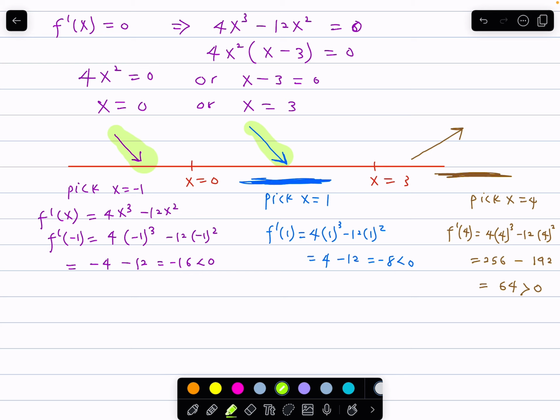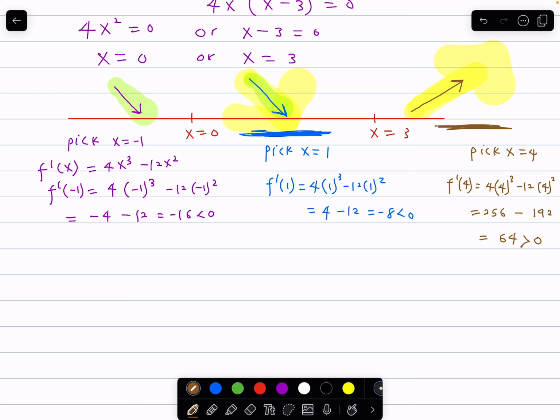But for x equal to 3, we see that to the left it is decreasing, and to the right, it is increasing. So it changes, right? So x equal to 3 is actually a critical number.